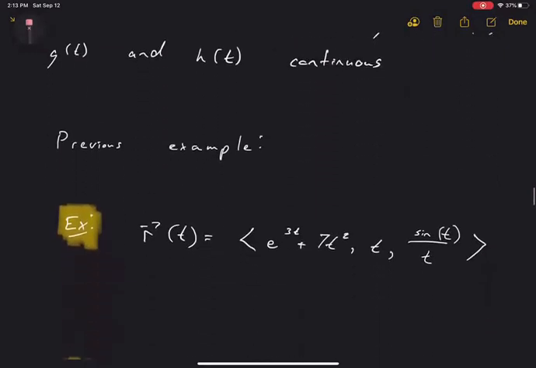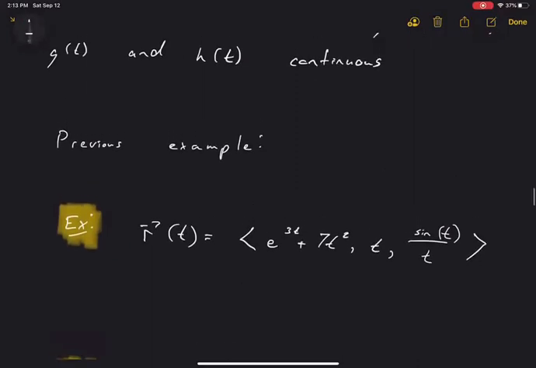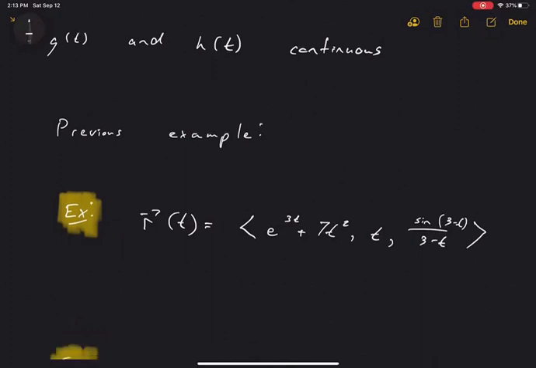So going back to our previous example, we're considering the limit of this thing at t equals 3. We noticed that at 3, I'd be dividing by 0.